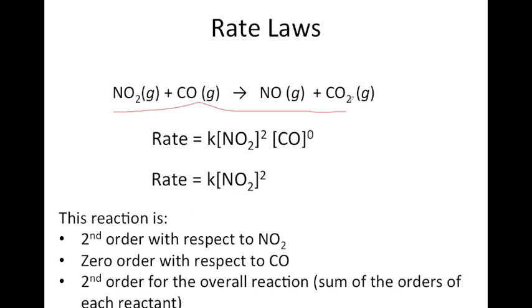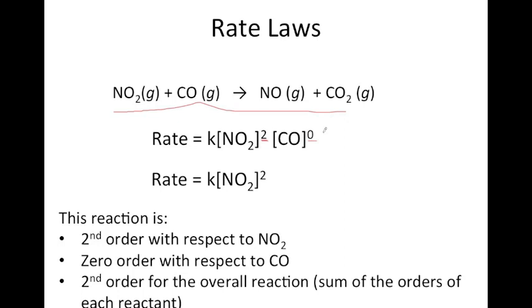The rate law for this reaction is given as the rate is equal to our rate constant k times the concentration of our first reactant to the second power times the concentration of our second reactant to the 0 power. So we would say that this reaction is second order with respect to nitrogen dioxide and 0 order with respect to carbon monoxide. Overall, the reaction is going to be second order because 2 plus 0 gives us 2.